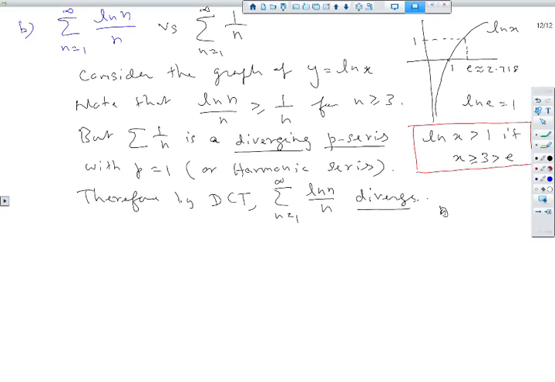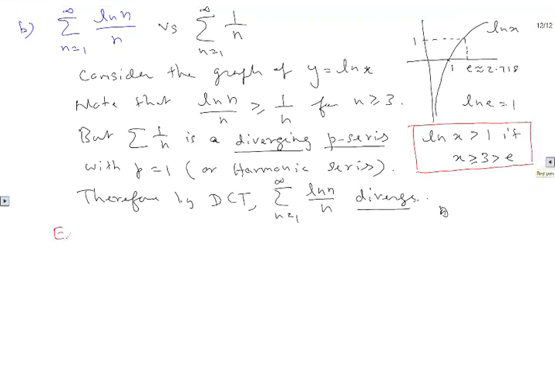So I'm going to give you some problems to try. How about this? See whether you can do this one. I'm going to make it upside down, n over ln n.